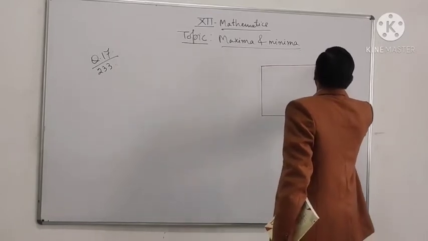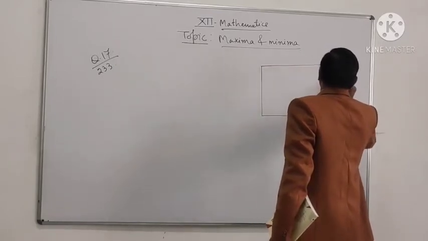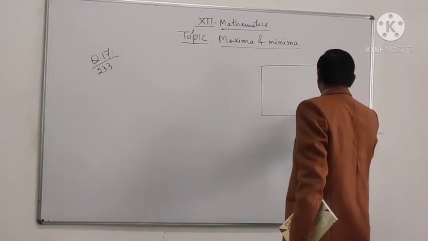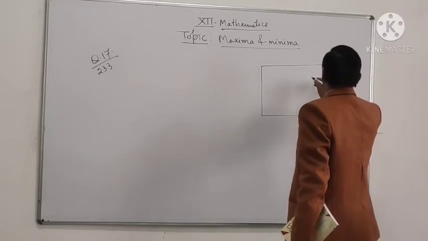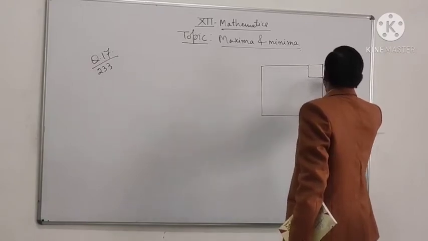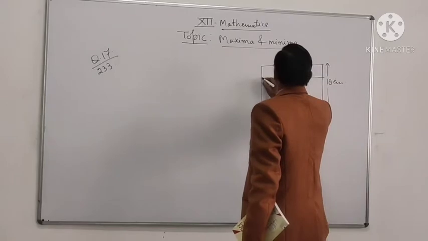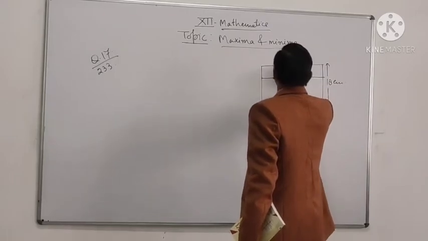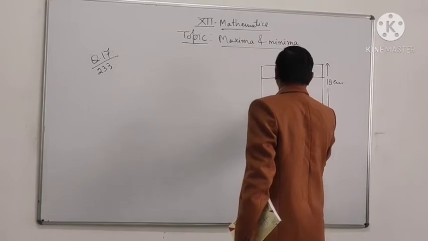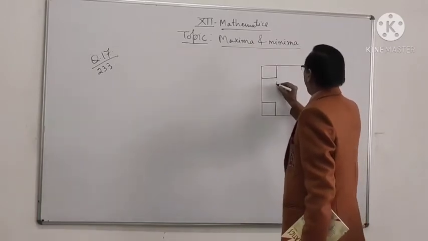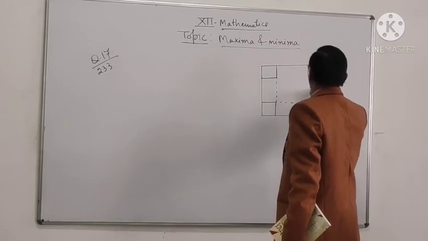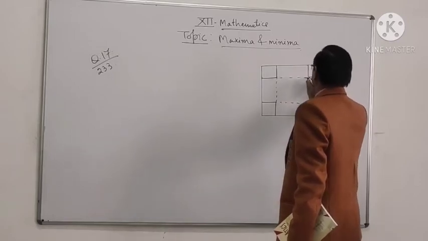Students, there is a square of side 18 centimeter. We have to cut a square from each corner. And these flaps are folded and we will form an open box.